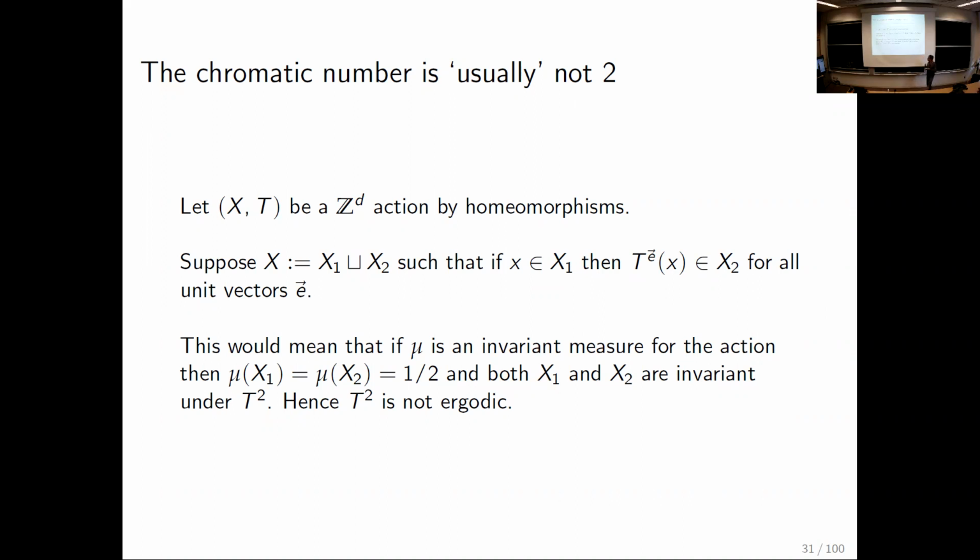So this will mean something about the action: it decomposes in a particular way. And most interesting actions don't decompose in that particular way. This is something which I'll tell you from ergodic theory. So usually, even if I put a probability measure on the space, the chromatic number will not be equal to 2.